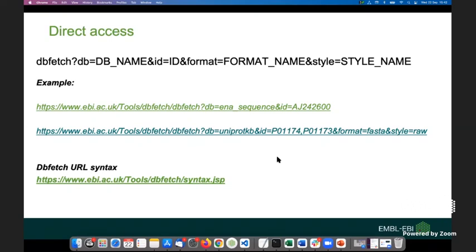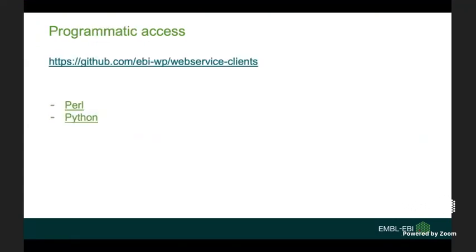If you have too many entries, it would be difficult to mention the IDs in the URL. In that case, you can go for the programmatic approach. Programmatic access is a way in which the data can be accessed from a service using some clients written in several programming languages. We have Perl and Python clients for DBfetch, which are freely available in our GitHub.